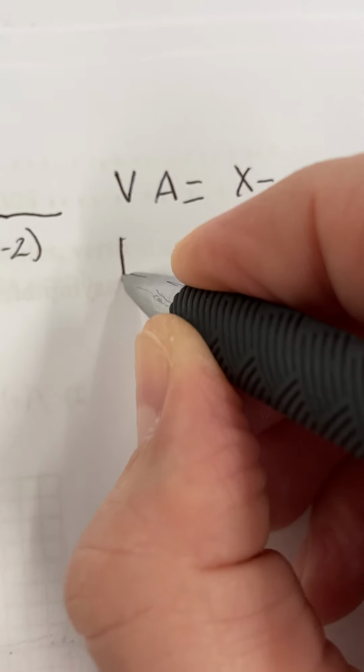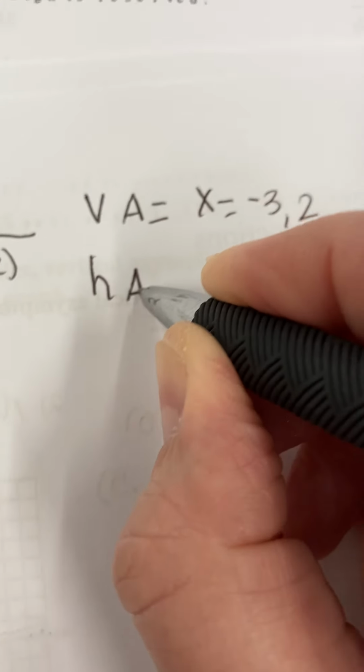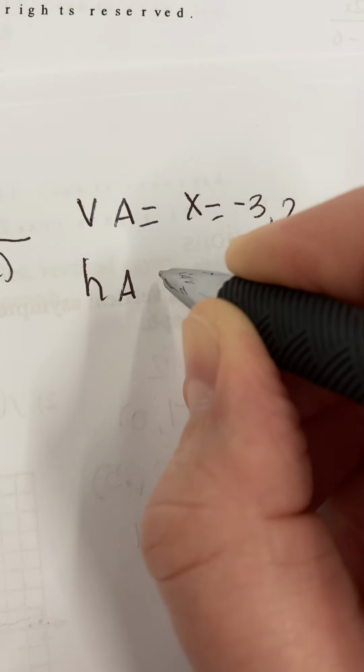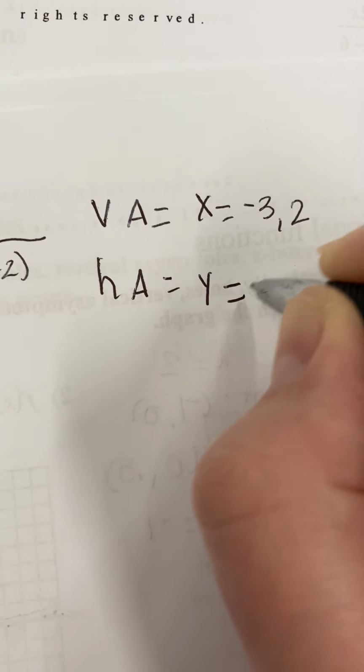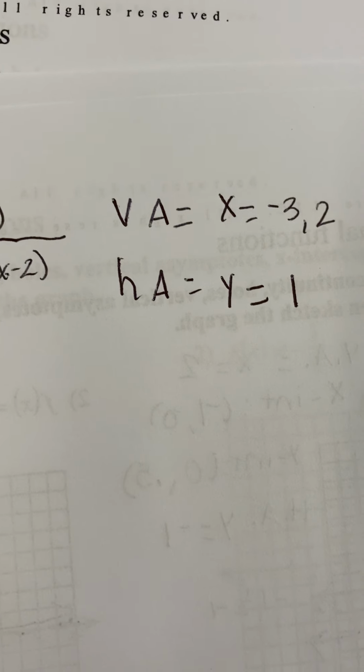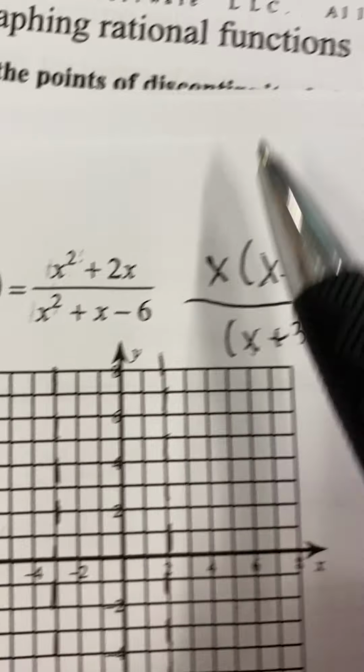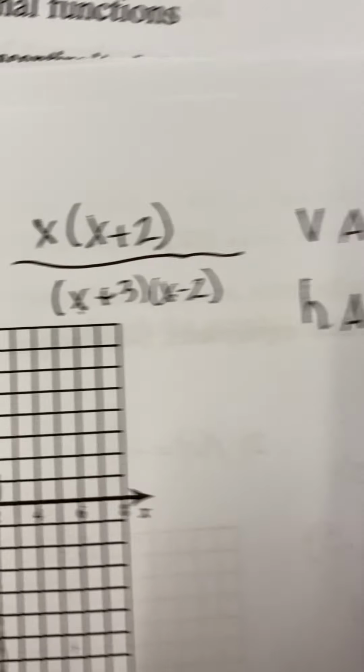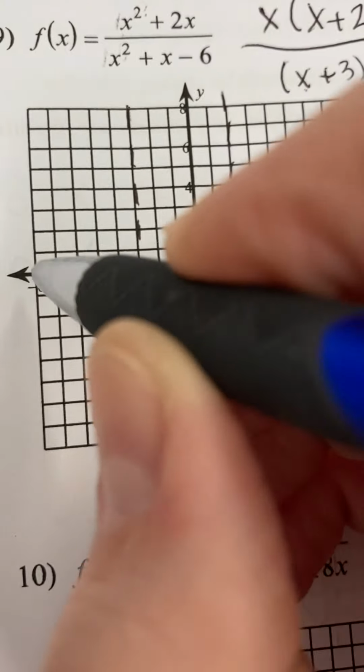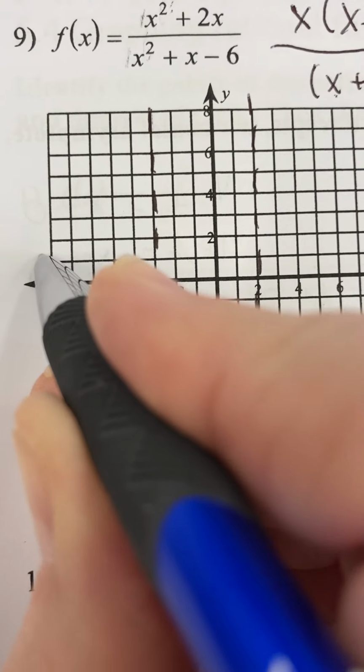So my horizontal asymptote is going to be y equals 1. And if there was a shift again, if you had a plus something out here, you would need to shift it from the 1. But there is no shifting, so we're at 1.